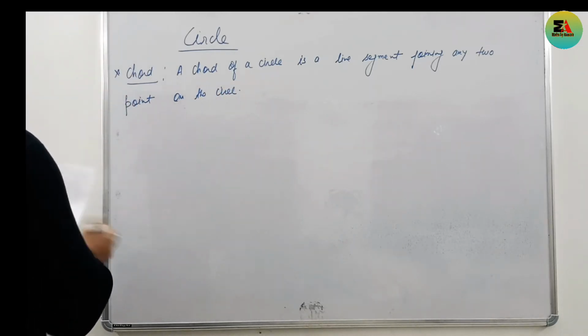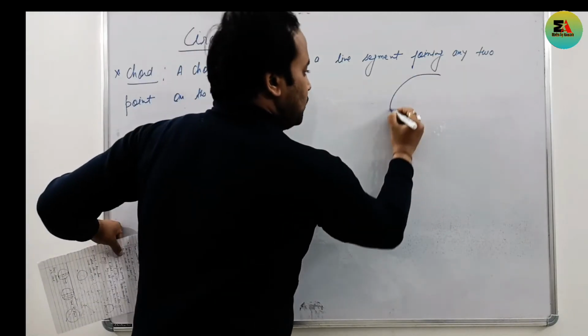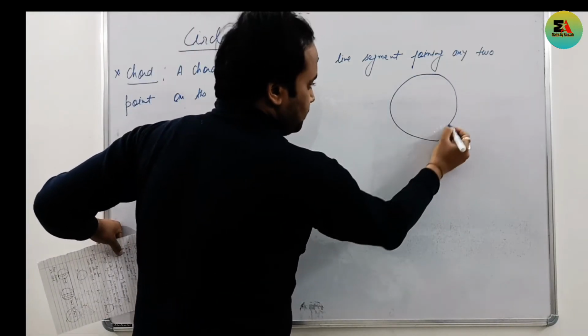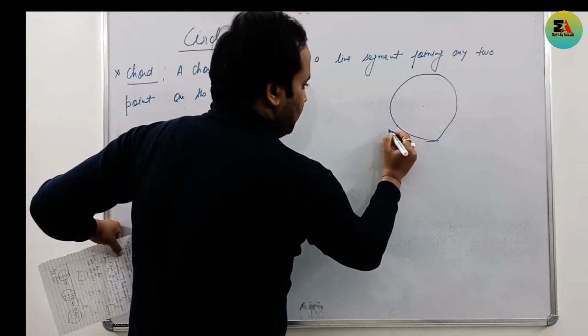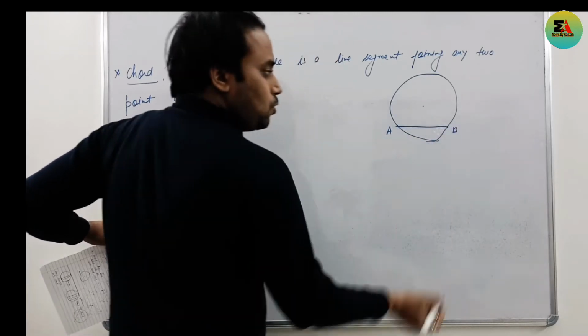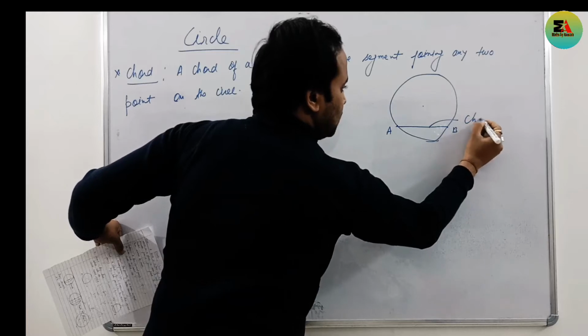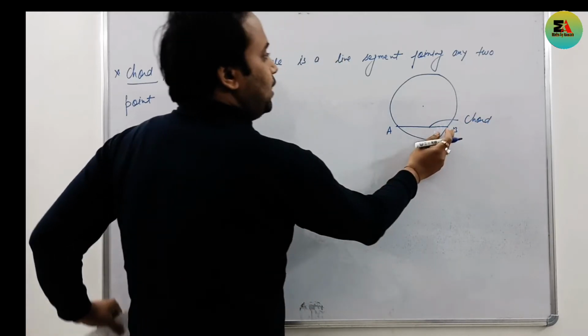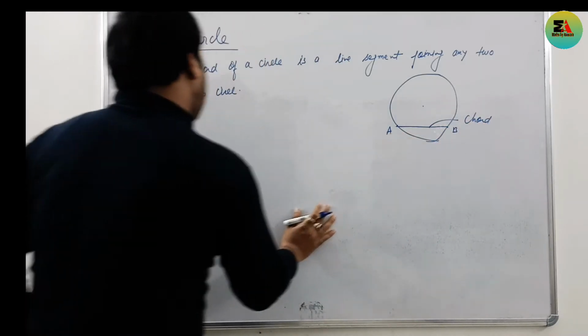What is a chord? Suppose we have a circle, this is the center O, and we have a point A and this point B. This is known as a chord, which joins any two points on a circle.